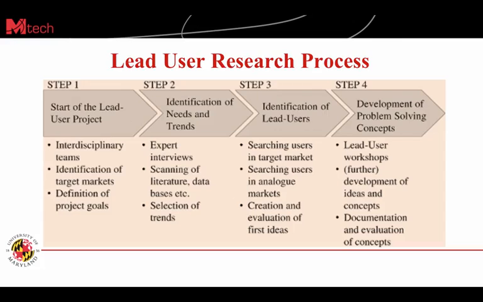Well, you do some expert interviews, you have some people who are experts at interviewing and who are experts on the inside part of the company's innovation, the technologists and the market people, interviewing people who are users out there. You scan the literature and the databases, you do a lot of environmental scanning, and you identify the trends that are out there. So that's step two.